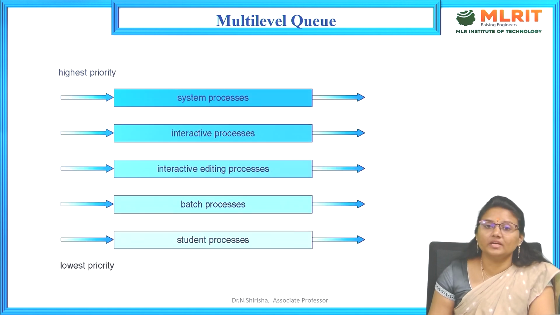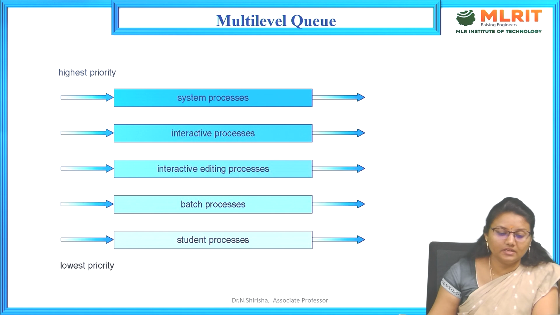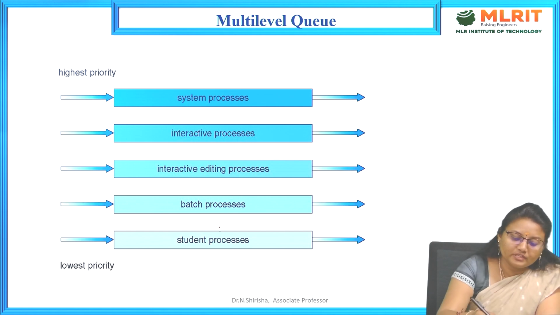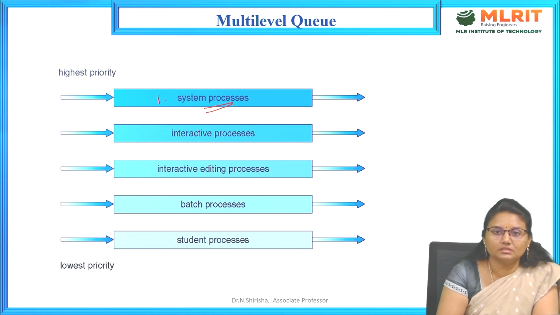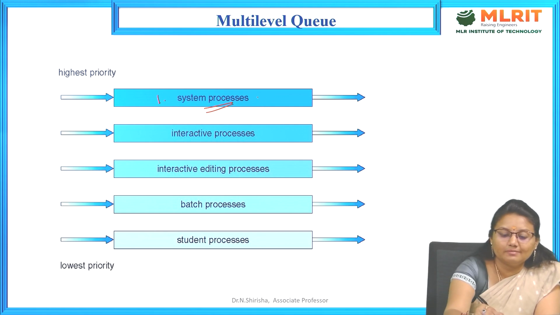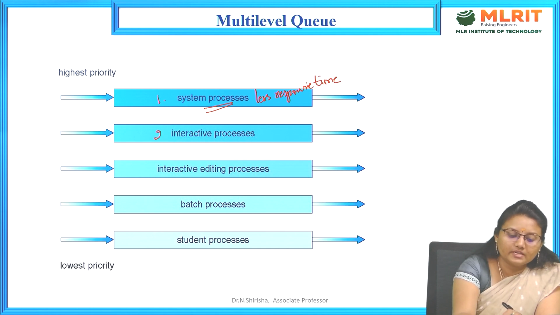So this is the diagram for multi-level queuing, where these are the different sets of processes. Say the first is the system process, where a very low response time is required. Then you have interactive processes, which will have a higher response time.